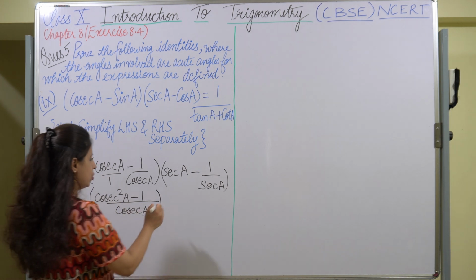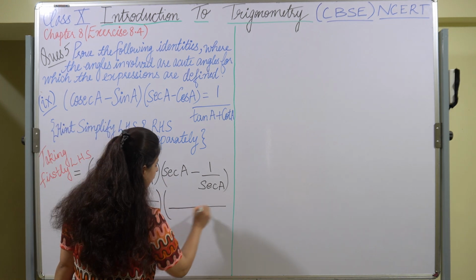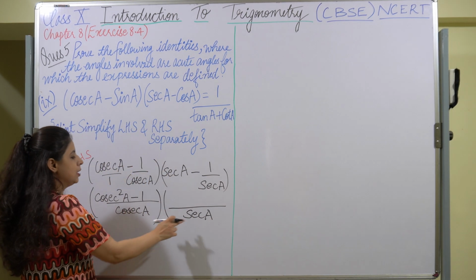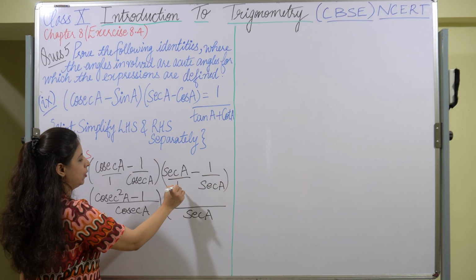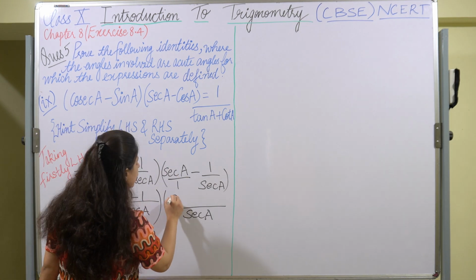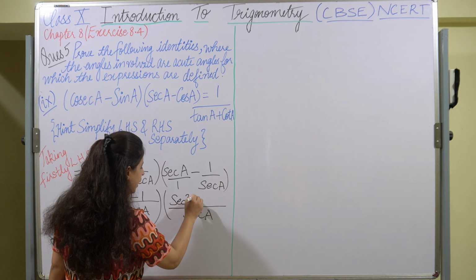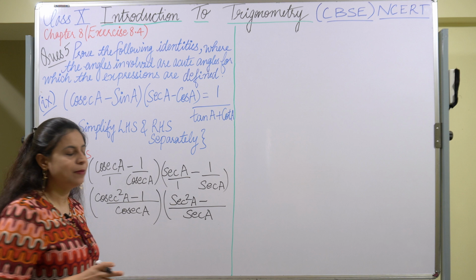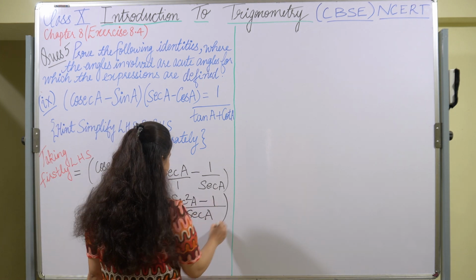Here also I'll take the LCM of sec A. In the similar manner, sec A into sec A will give me sec square A, then minus 1 into 1 gives me 1.